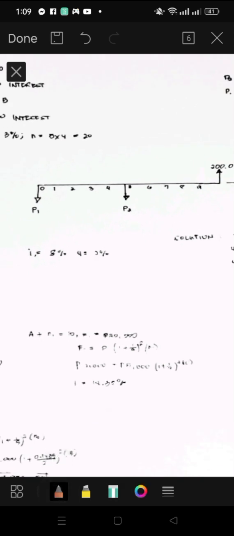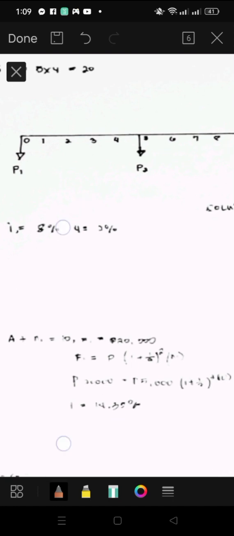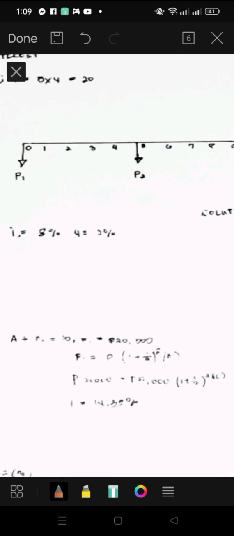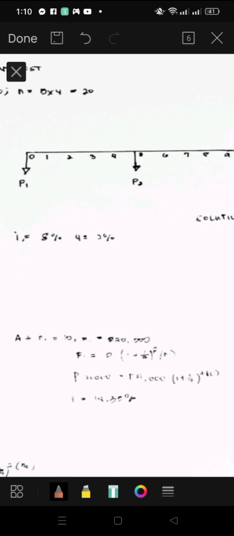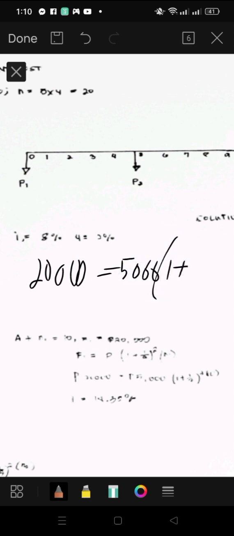So F1, let's begin, F1 equal to 20,000 equal to P, 5,000, quantity 1 plus i over 2, and then multiply by 2 since it is compounded semi-annually, as I have shown earlier.